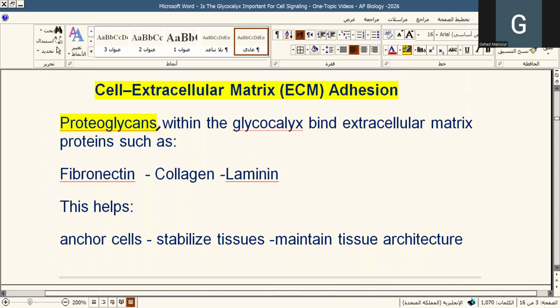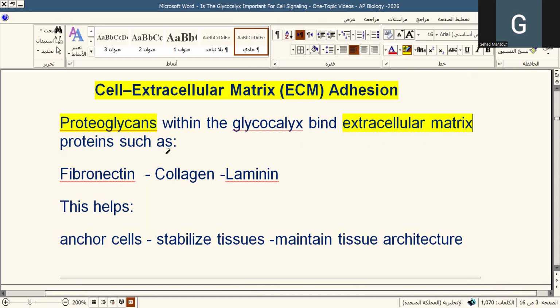So the proteoglycans within the glycocalyx can fix the cell or make the cell adhere to the extracellular matrix, the outside of the cell, that consists of fluids and protein molecules, and that is essential to fill in the spaces between the cells and contain all the necessary biochemical molecules.